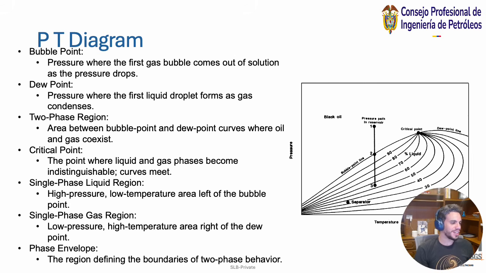So when we want to break down this PT diagram and understand what the graph means, the first point to note is that this is an example of black oil. In the previous diagram we saw 5 different oils, but here we're just looking to understand the naming and labeling of this diagram. You have pressure on the y-axis, temperature on the x-axis.